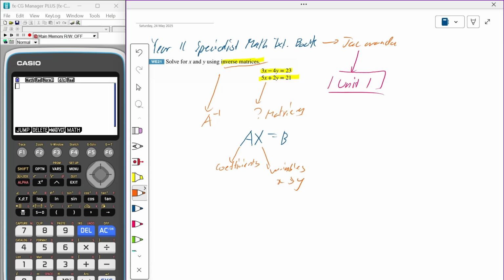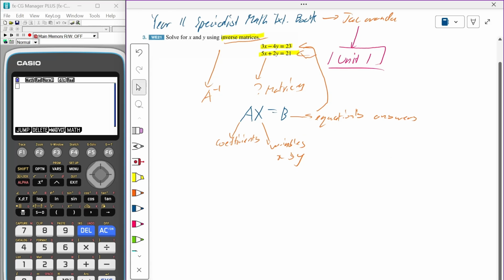And B represents the answers of the equations, which is 23 and 21, which we have right there. So let's format these simultaneous equations into matrices as part of AX equals B that we can use to solve for x and y.